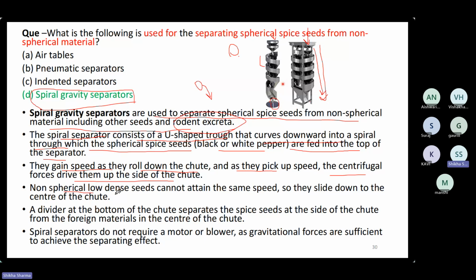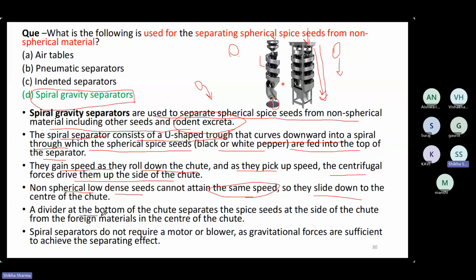Non-spherical particles or low-density seeds cannot achieve that same speed, so they cannot slide down as fast. Because their shape is not round, like if the shape is a little elliptical or other shape, they are not able to attain that much speed.